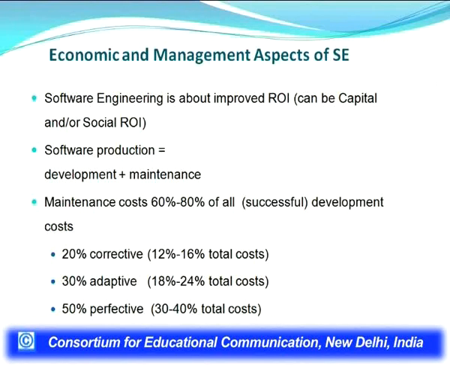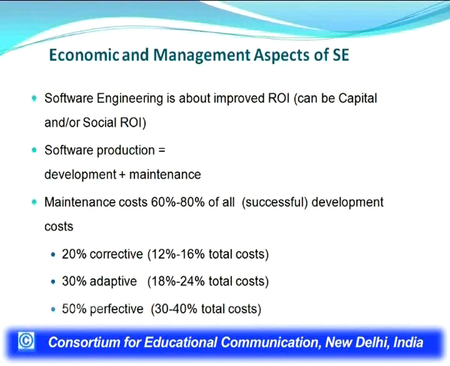Now, imagine the economic and management aspects of software engineering. As we have just discussed how these kinds of software are going to be managed, different kinds of difficulties are faced in the development of a software. Now, software engineering is about improved ROI, which can be capital or social.